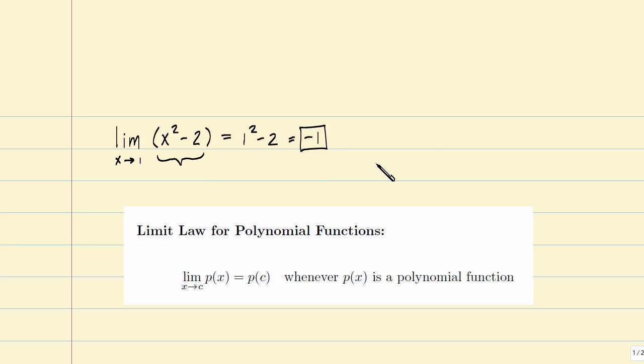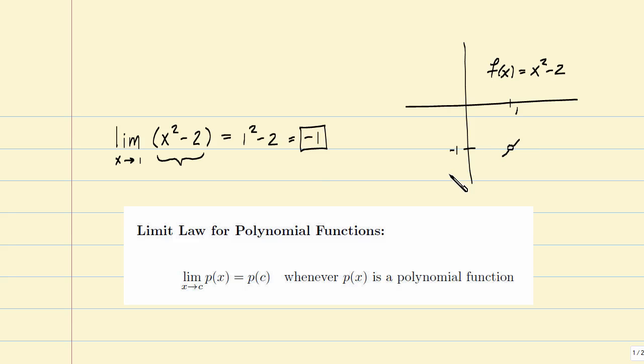Hopefully this seems natural, as if we were to graph a function like this function here, f of x equals x squared minus 2, this statement about the limit's value tells us something about the behavior of this function when x is near 1, namely that we can get arbitrarily close to a height of negative 1.